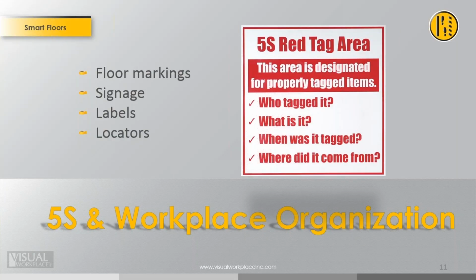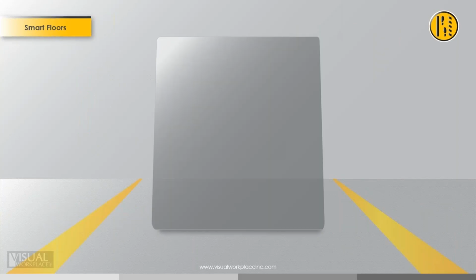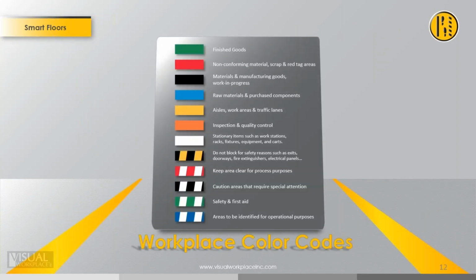In this next slide, this is really where I think a lot of the questions come from: what color coding standards do I use for organizing my workplace? Really, there's no set standard. What you see here is a good starting point, and it's nice to start and then adapt your standards to your processes and the things that happen specifically.